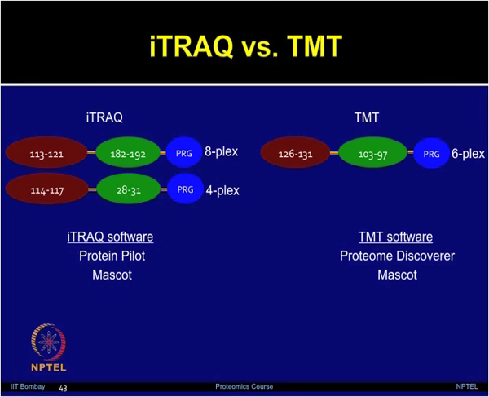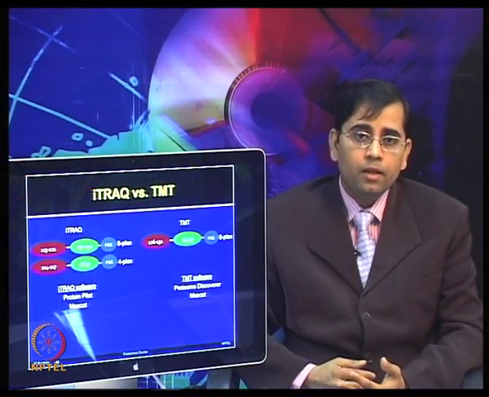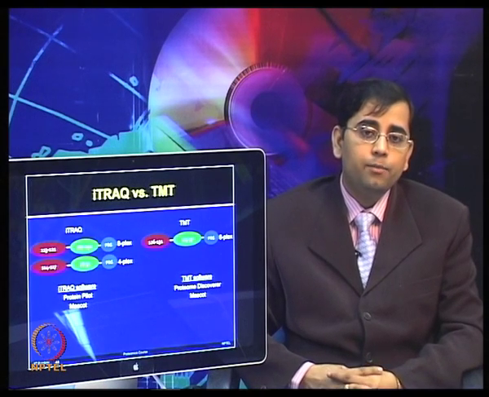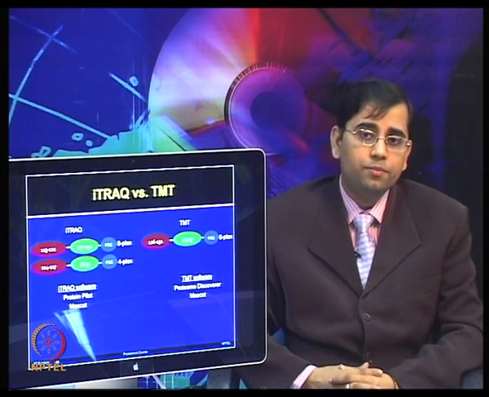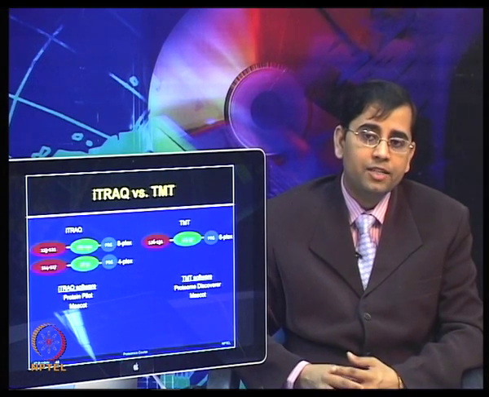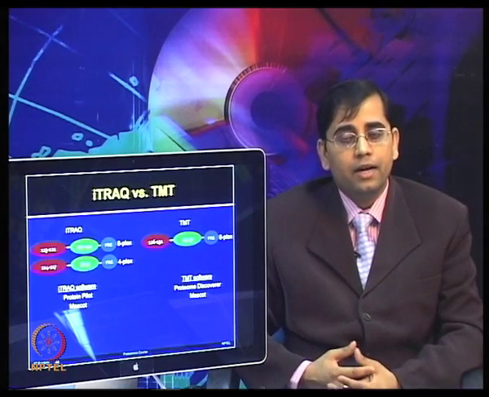In case of TMT, the reporter groups have 126 to 132 Daltons and the balancer consists of 97 to 103. So, the tags are quite similar in the overall structure. The iTRAQ analysis can be performed using software such as Protein Pilot and also Mascot. The TMT based analysis can be performed with software such as Proteome Discoverer and Mascot.